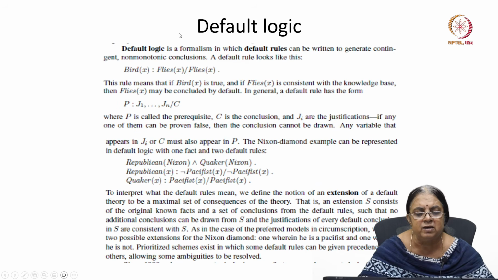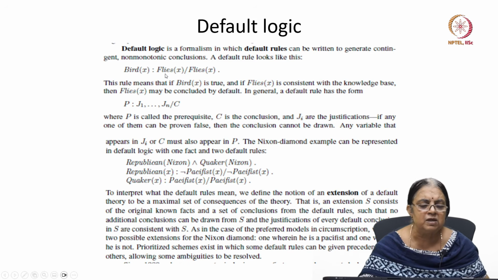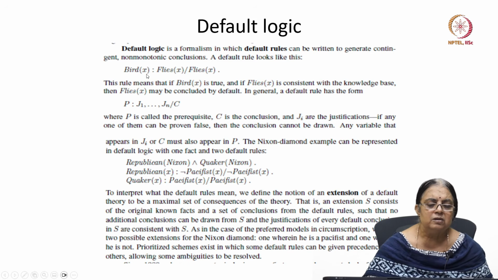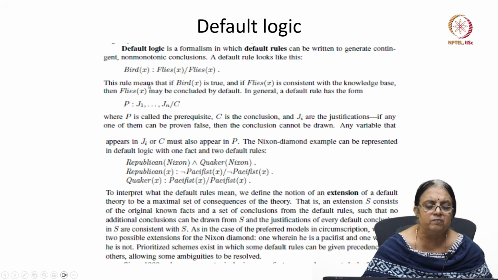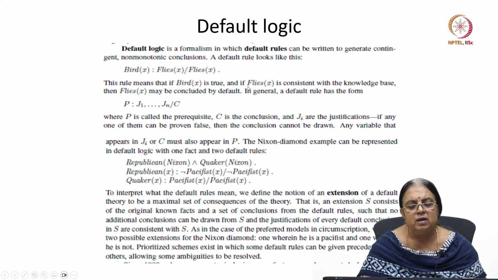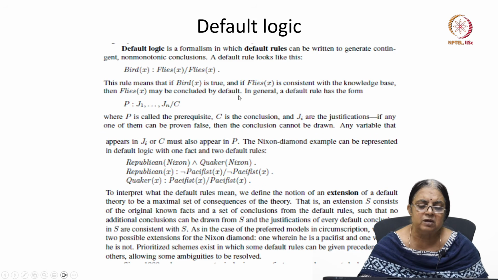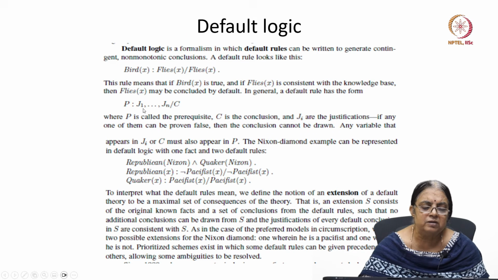So in default logic, the rule looks something like this: bird X : flies X. So what does this mean? This rule means that if bird X is true, and if flies X is consistent with the knowledge base, then flies X may be concluded. In general, you have justifications J1 to Jn.